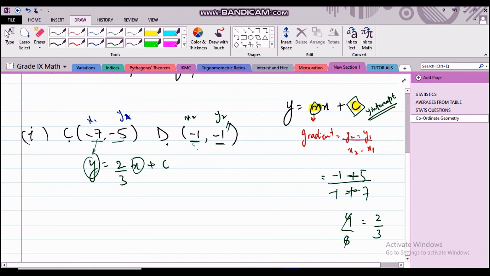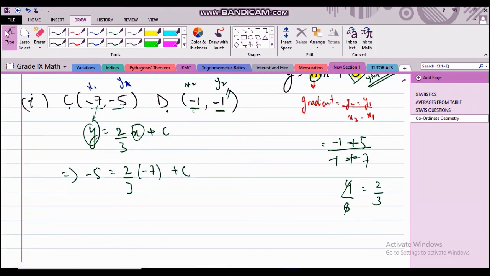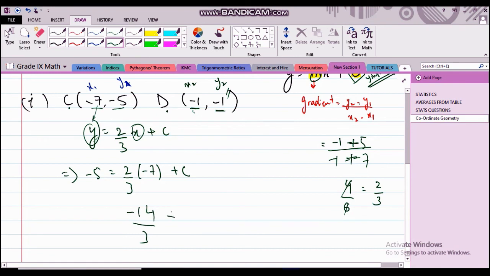Both ways it works. So next step, my y at C is minus 5, 2 over 3 is my slope, and my x is minus 7. That leaves only one unknown behind, c. That means we can figure out what c is. So this is minus 14 by 3 plus c is equal to minus 5.